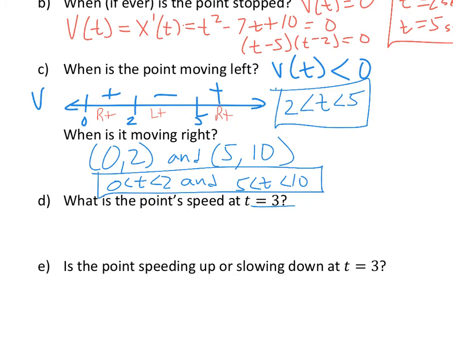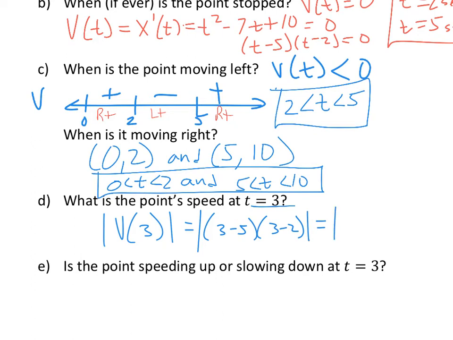Okay, point speed at t equals 3. That's the absolute value of v of 3. And for v of 3, we can use our velocity function, either the factored version or the non-factored version. I'll use the factored one. So the absolute value of 3 minus 5 times 3 minus 2. That's the absolute value of negative 2 times 1, which is the absolute value of negative 2, which is 2.